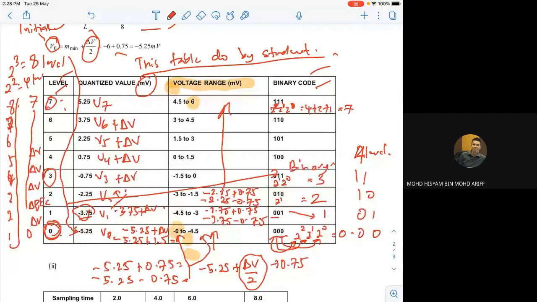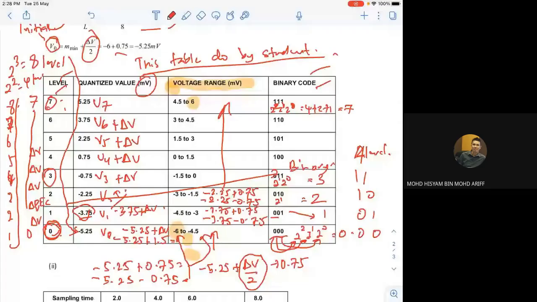This is a favorite question that students will score on, because they already know. So don't worry, just take note of what is written down here.